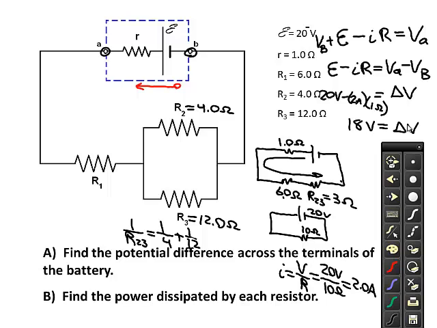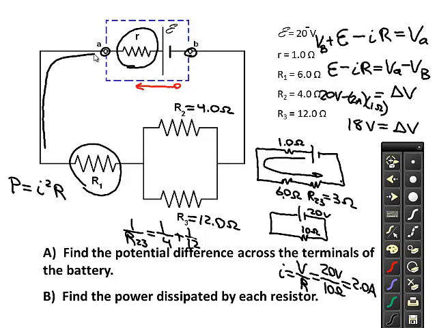Find the power dissipated by each resistor. Okay, power dissipation is I squared times R. So it's very easy to find the power dissipation for this guy and this guy, because you imagine current coming out of the battery, it's got to be the same as the current going through R1.